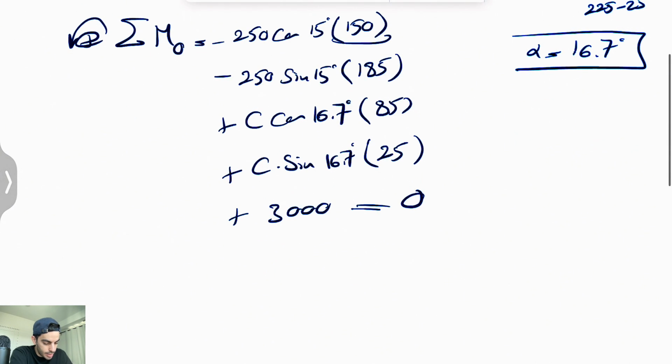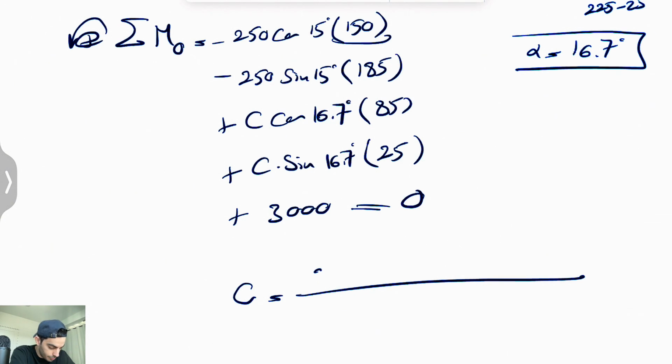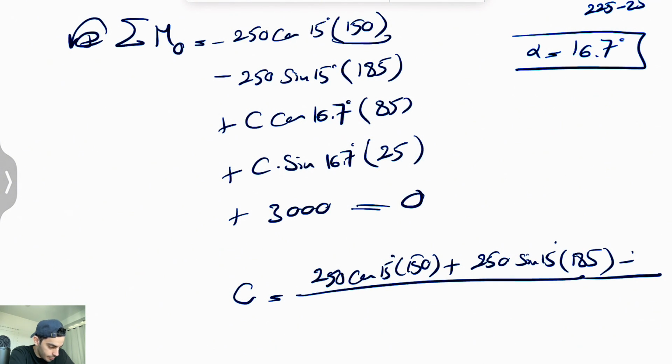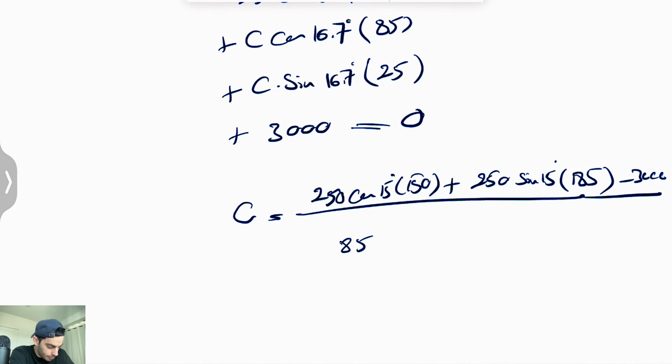And that's pretty much everything for finding this C. If you just factor everything and bring everything on the other side of the equation, C would be 250 cosine of 15 times 150 plus 250 sine of 15 degrees times 185, minus 3000, divided by 85 cosine of 16.7 plus 25 sine of 16.7.